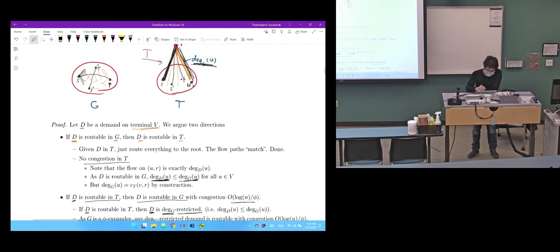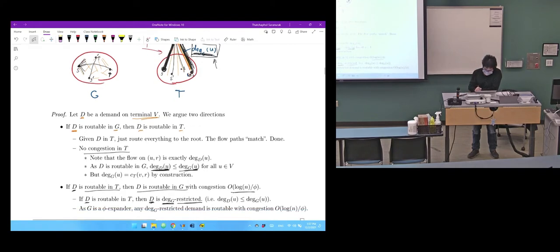Just again, every guy U can send flow at most this much, because you have only one edge out of U. So the demand must be degree of G restricted.